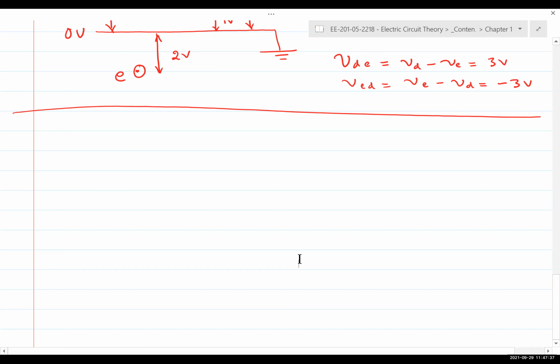All components except a source. So if you have a resistor, a capacitor, or an inductor, it'll always go from high to low, from plus to minus.